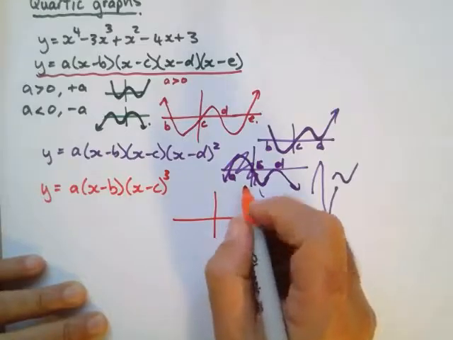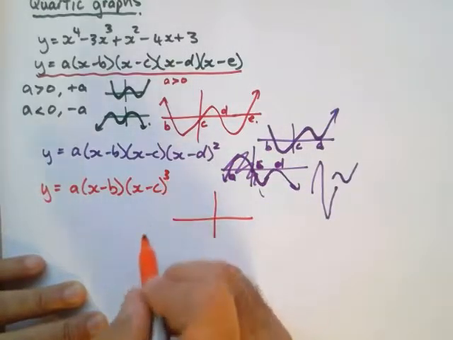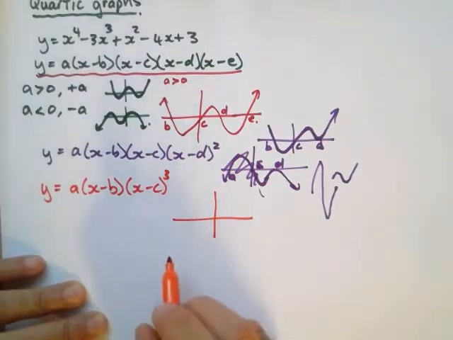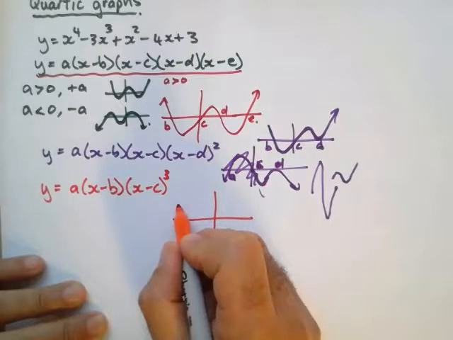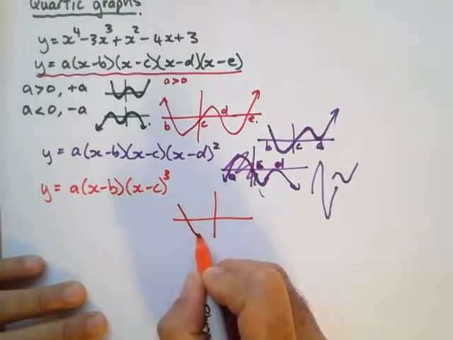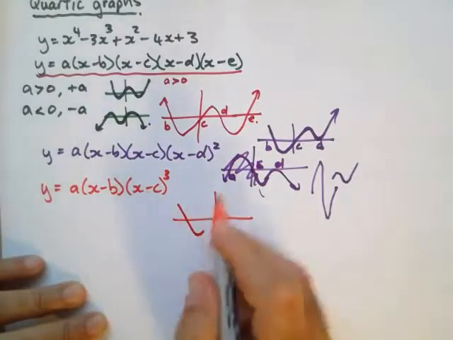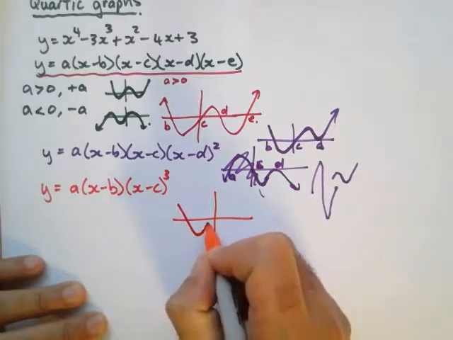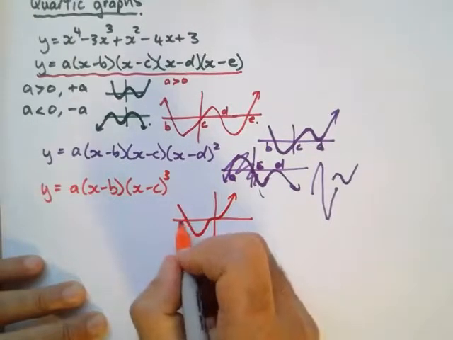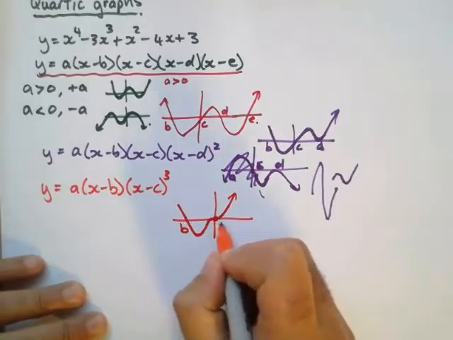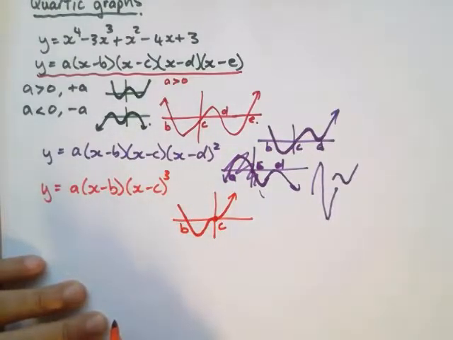I need to finish there. This cube factor will give us a point of inflection. So it will start at the top, it will turn there, and we will have a point of inflection on my x-axis. This will be point B, and that inflection point will be point C.